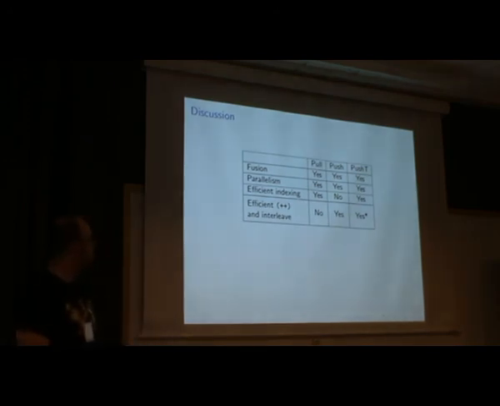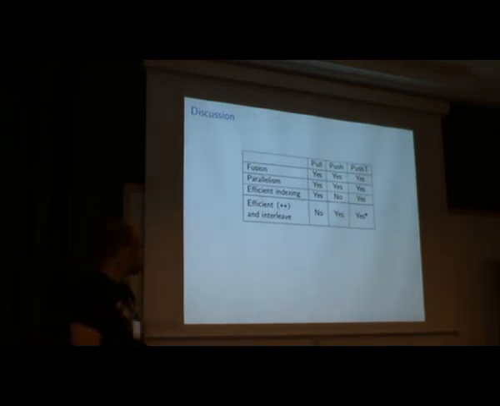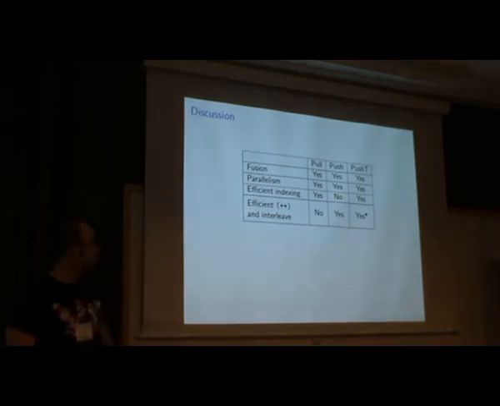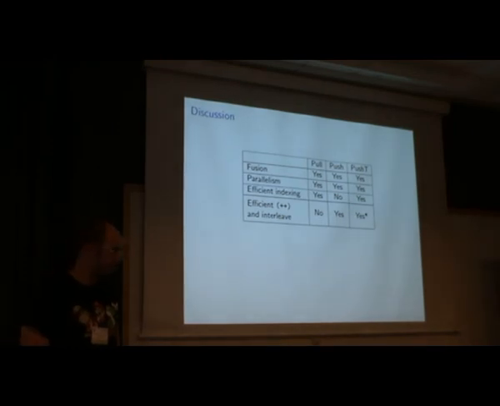Then discussion. I think we have more or less yes, with modification. We can still write programs that lead to inefficient code, and now we also have the tree traversal issue.